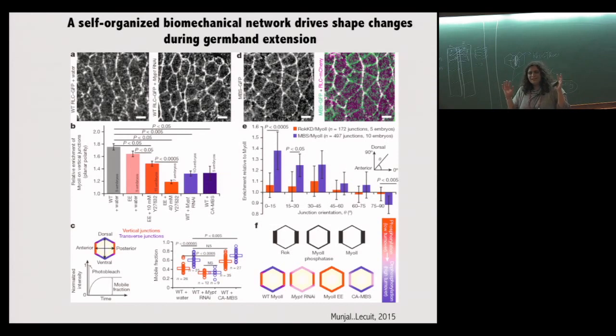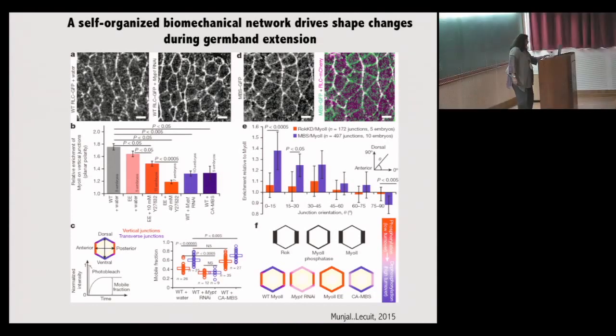There is already an asymmetry that's pre-patterned. It's not that all the DV interfaces are shrinking at the same time. I would say the tissue on the whole behaves stereotypically, but not all junctions are shrinking and elongating at the same time. There is some sort of patchiness or stochasticity in that process, and that must come from local conditions.